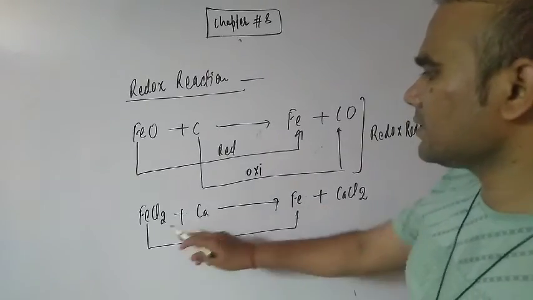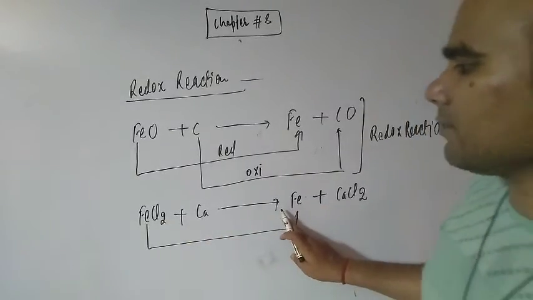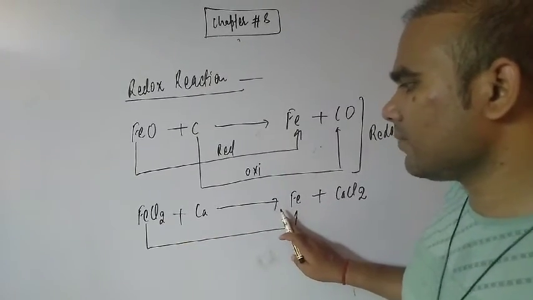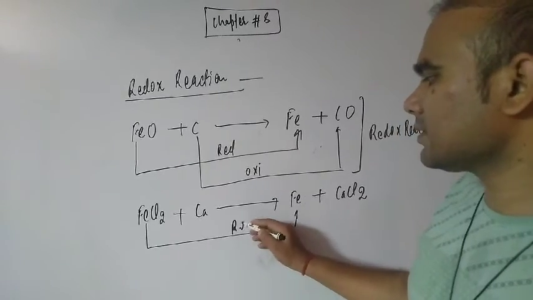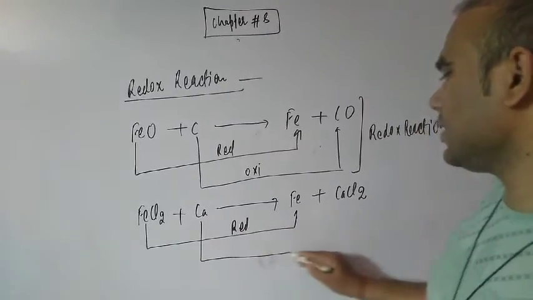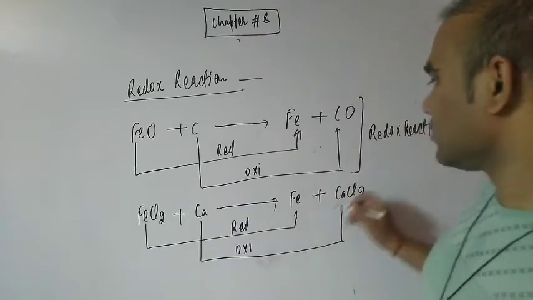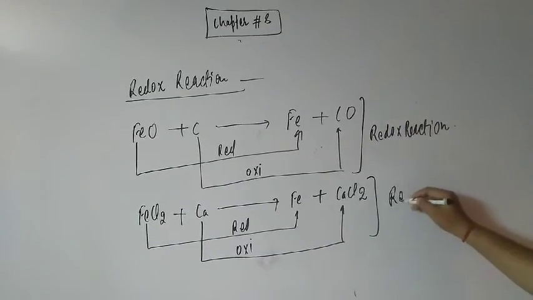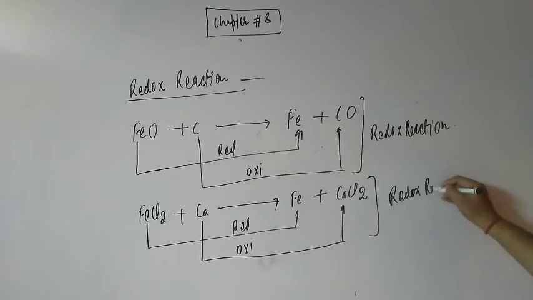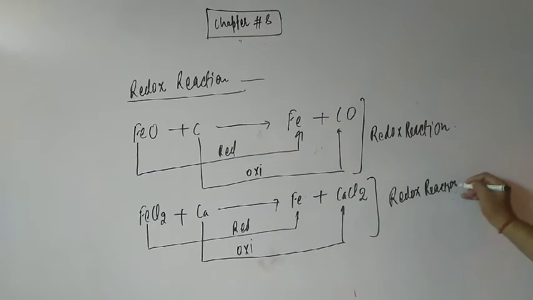Here loss of electronegative atom is taking place, so this will become reduction, and addition of electronegative atom, oxygen-like atom, that is oxidation. So these two processes are the example of redox reaction. This is the example of redox reaction, right?